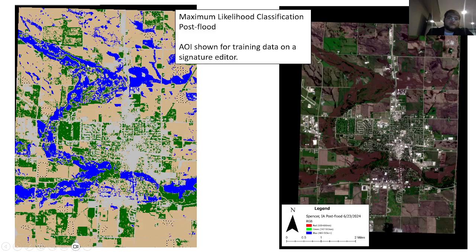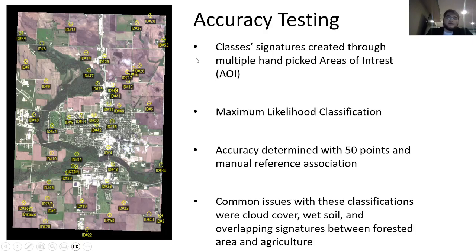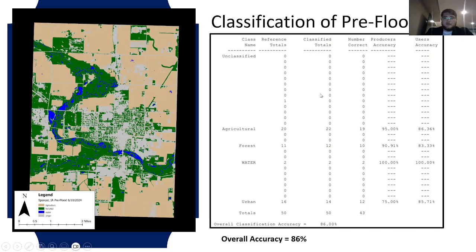So the points were assigned on each classification image, and then I had the original image underlaid over that, muted the original classification, and associated each point to what the class should be based off of the original image. This gave us accuracy outputs that we can see which classes were the most accurate, and then it takes an overall classification accuracy.